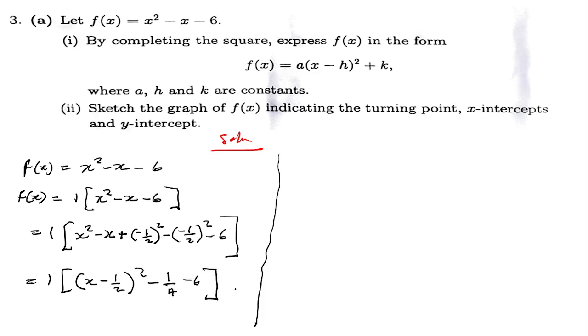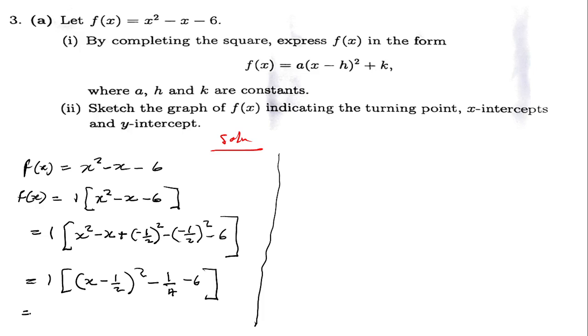From that concept, I'll simply work out that part. My 1 will be there, and then outside will be x minus 1 over 2 close bracket squared.